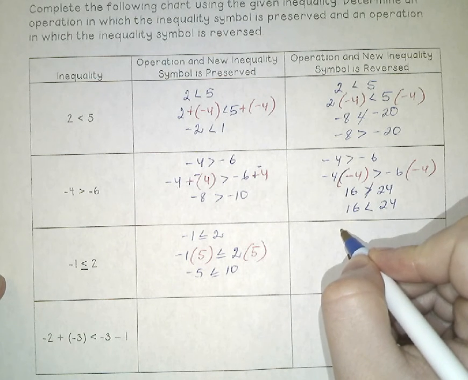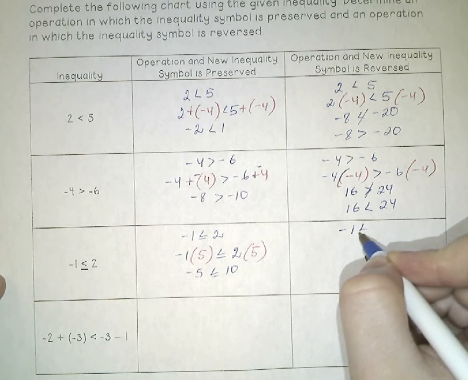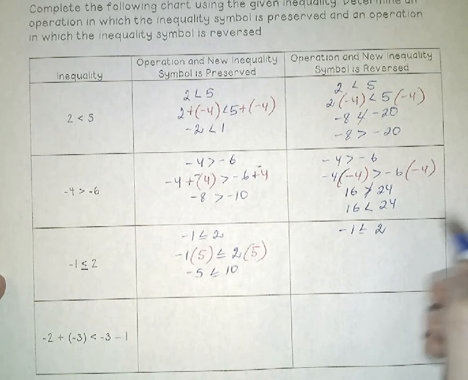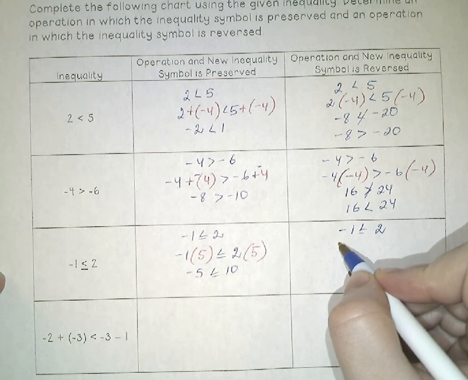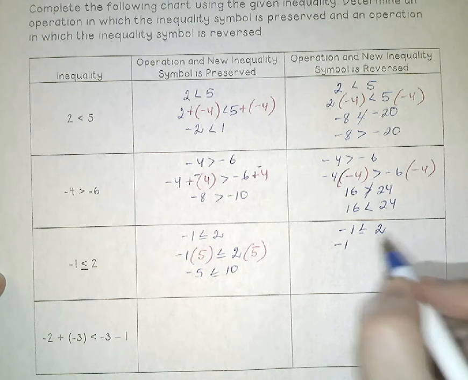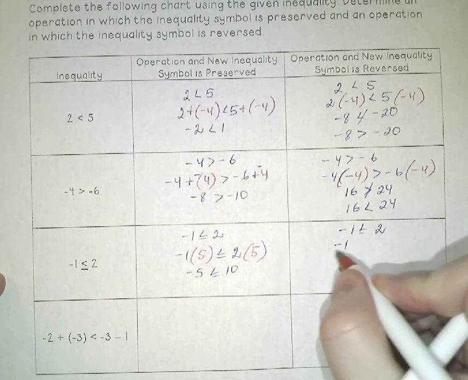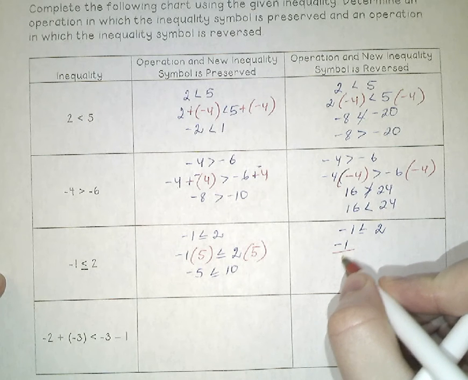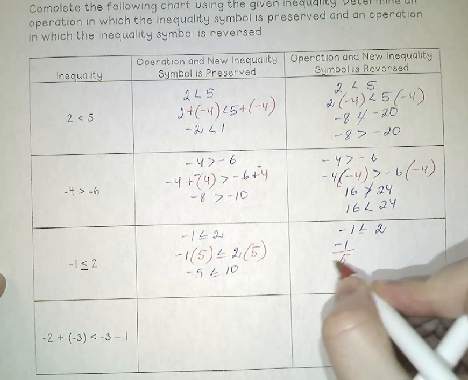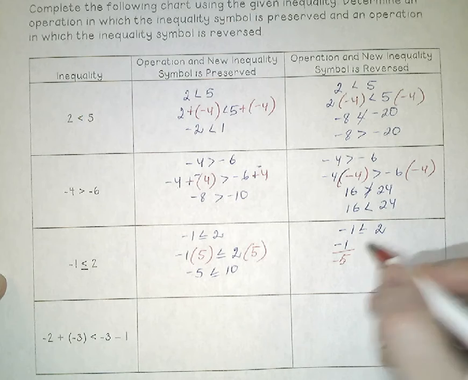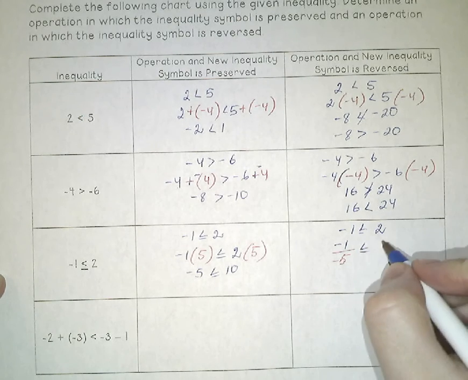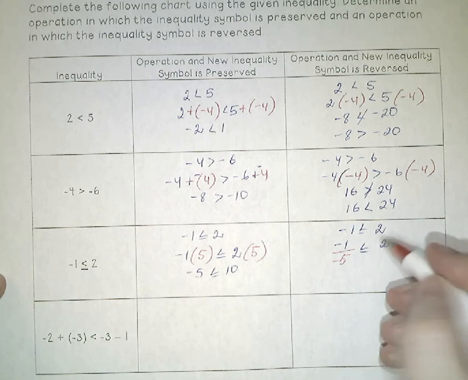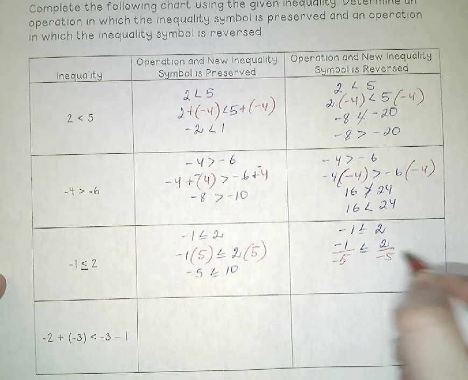Okay, and in this case, when negative 1 is less than or equal to 2, let's divide now instead of multiplying. Let's divide by negative 5. So less than or equal to 2, and we'll divide by negative 5.